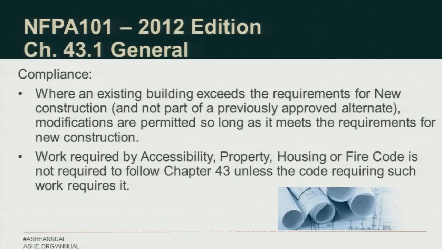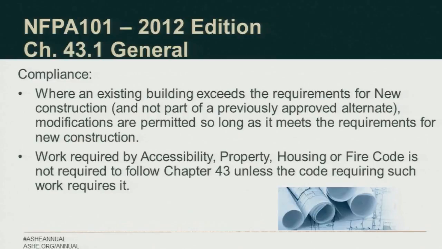Where an existing building exceeds requirements for new construction and is not part of a previously approved alternative plan, modifications are permitted so long as it meets the requirement for new construction. So for an example, I've got an existing hospital with an area that's got a 12-foot corridor. I'm modifying the area.